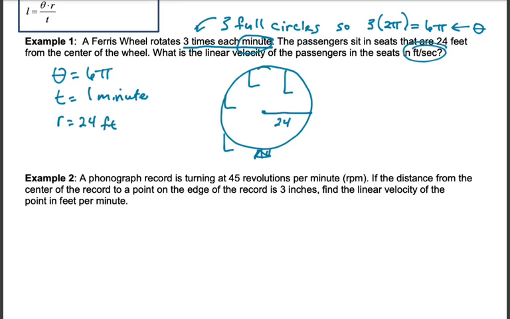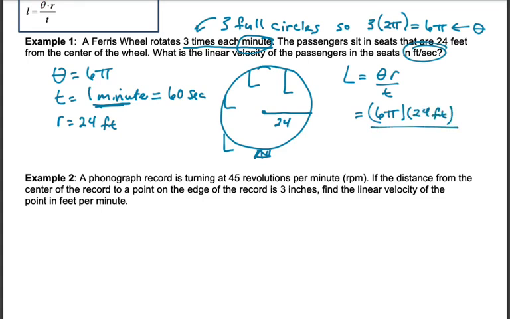We need to pay attention to our units a whole lot in this particular lesson. So instead of measuring my time in minutes, I need to measure it in seconds. One minute is the same thing as 60 seconds. So when I use my linear velocity formula and plug in my numbers, theta is 6 pi because I've gone 3 full circles, my radius was 24 feet, and my time is 60 seconds.